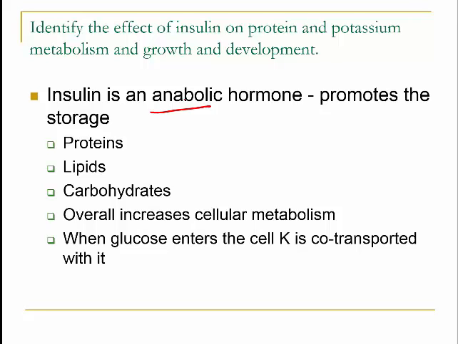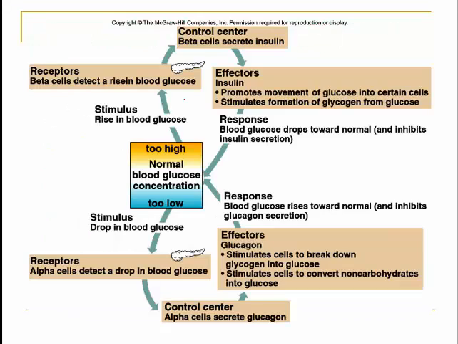So that's important to remember, because if people were hyperglycemic and we were trying to give them insulin to lower their blood sugar, we have to start worrying about their potassium. Important concept to remember. And again, this is just a mind map to help you look at how both insulin and glucagon work.